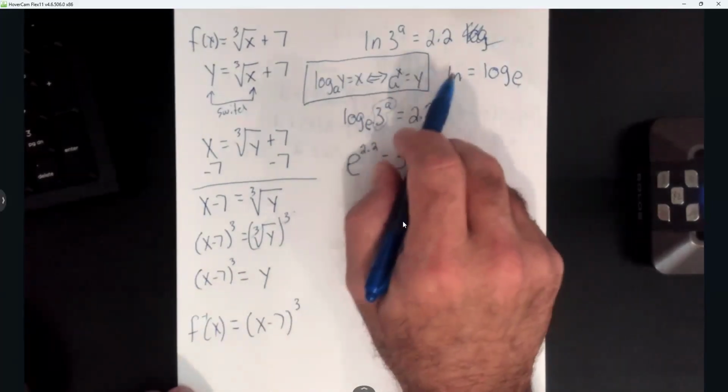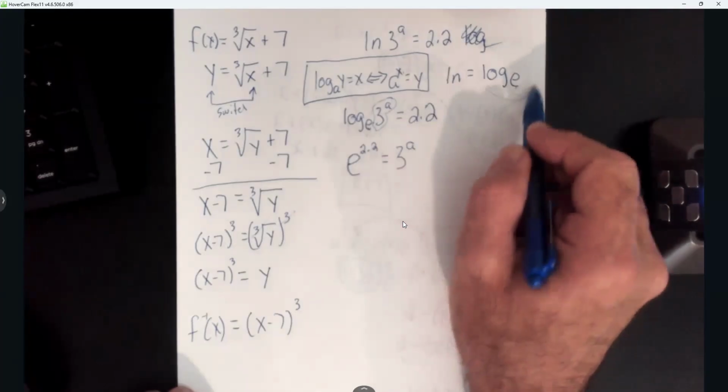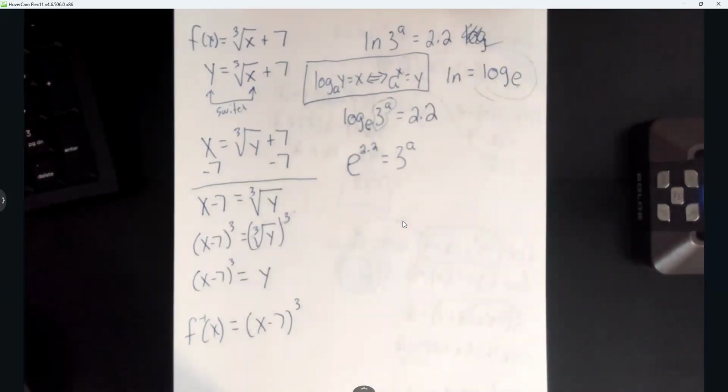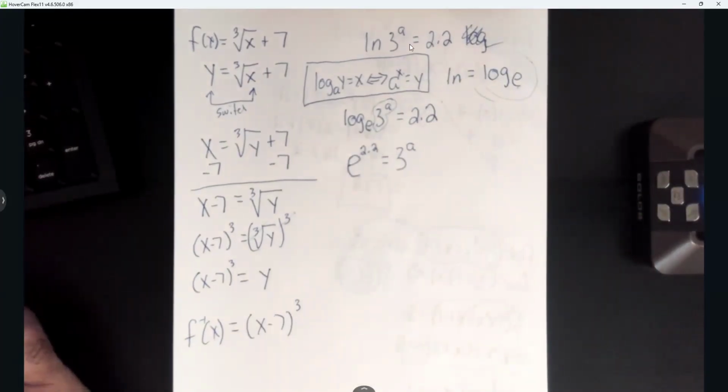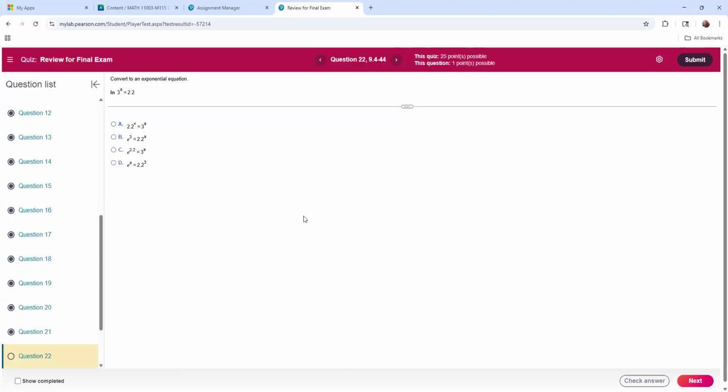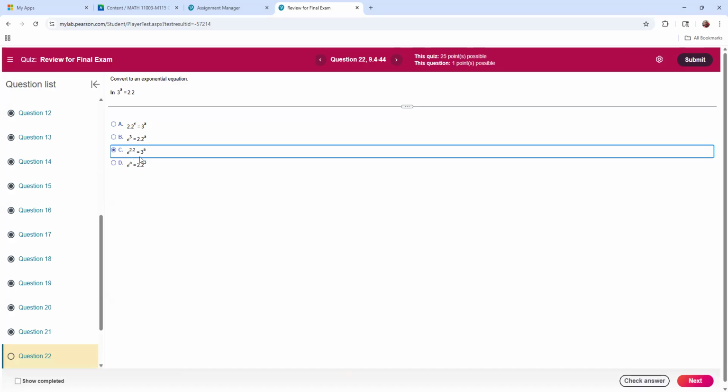And just remember that an ln is really a log base E on those, okay? All right, y'all. So one of those should have had an E 2.2 equals 3 to the A. Now let me look at those real good. Is it C? E to the 2.2 equals 3 to the A. There you go.